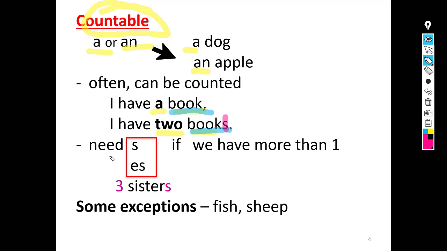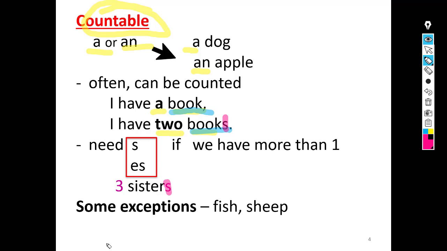If we have more than one countable noun, for example, I have 3 sisters, we need to add s after the noun. Okay, I have got 3 sisters and I have got 5 bags, like that.